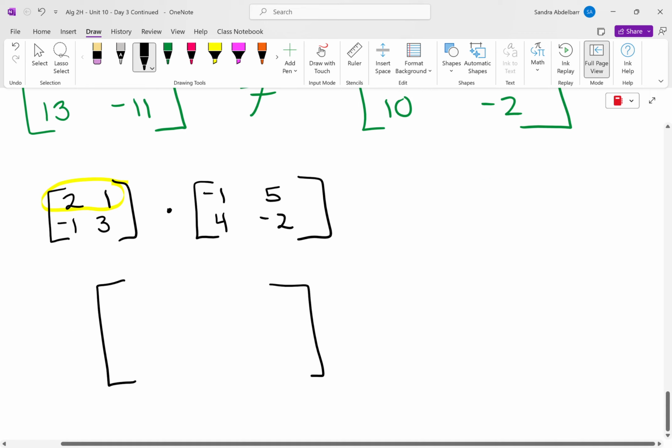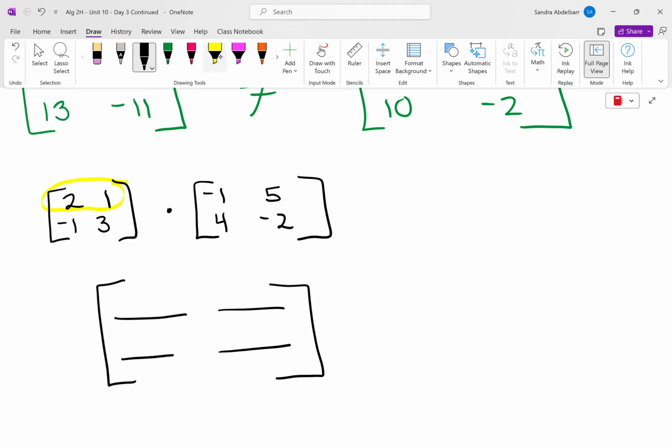Our product will be a 2 by 2. We take the first row with its first column. 2 times negative 1 is negative 2. 1 times 4 is 4.